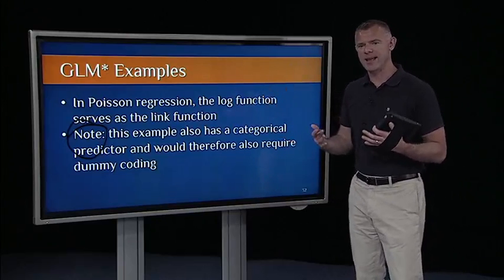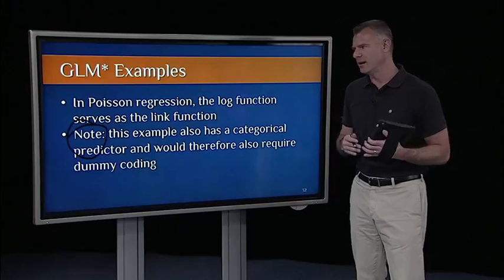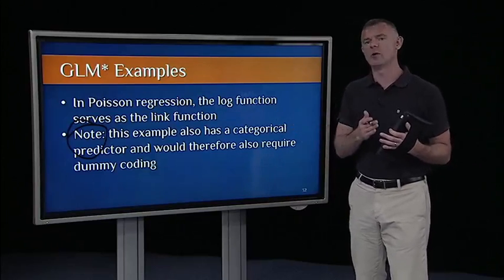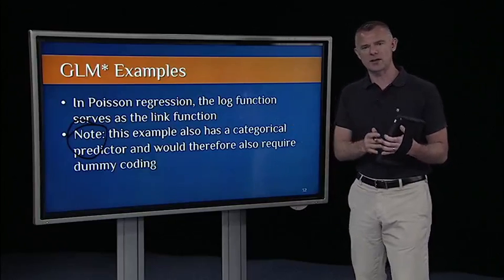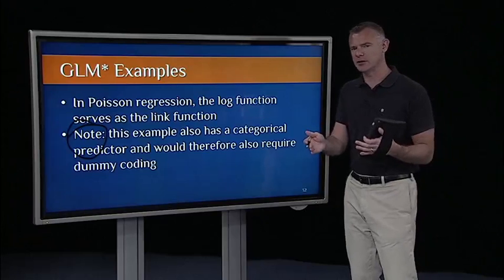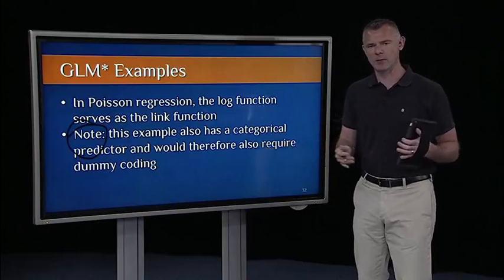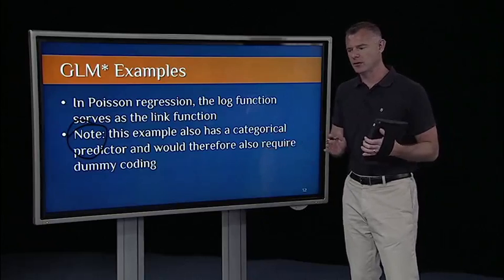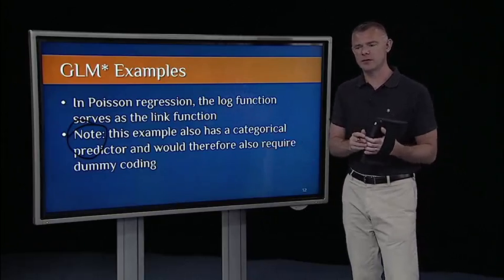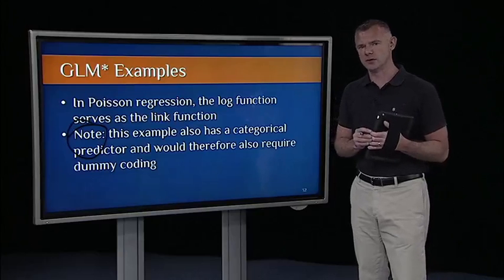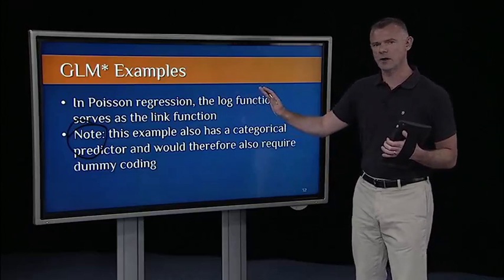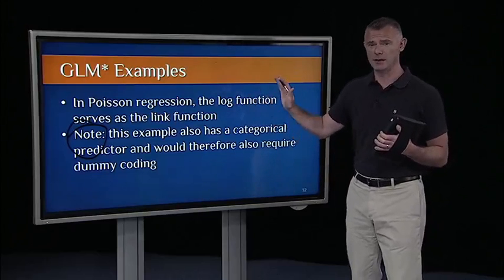That's why I'm introducing this at the end here, just to illustrate that there are lots of other possibilities beyond what we covered in this course. We emphasized normal distributions in the outcome measure and linear relationships between the predictors and the outcome. But that's not necessarily going to be the case in all the data that you encounter. So just be aware that if you can't satisfy those assumptions, there are alternatives available to you, and they fall under this framework of the generalized linear model.